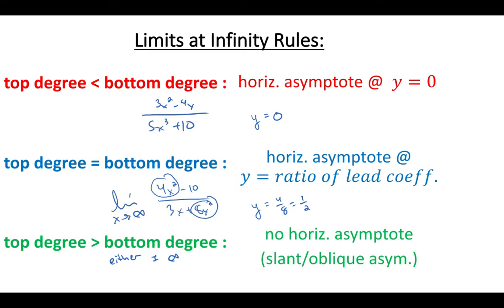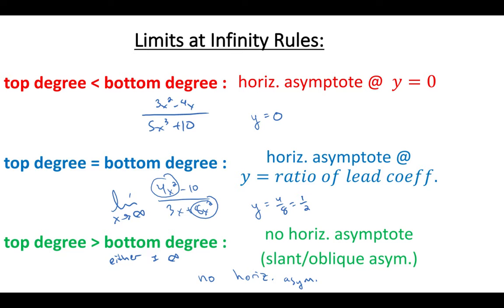So in this case, if the top degree happens to be bigger, there is no horizontal asymptote. Instead, there's something called a slant or oblique asymptote. We're not going to worry about finding those at the moment. That requires some synthetic division, which we're not going to worry about at this point in time. Just note that there is no horizontal asymptote.